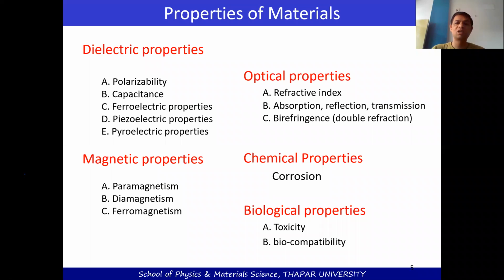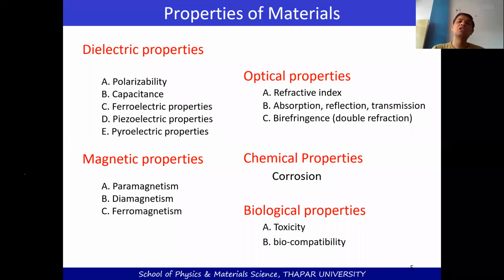As far as the chemical properties are concerned, our only focus will be on corrosion. Of course, as a chemical engineer, you might have interest in many other properties, but from a general materials engineering perspective, we will focus only on the corrosion behavior of the material.